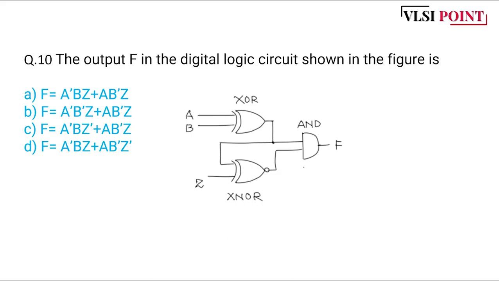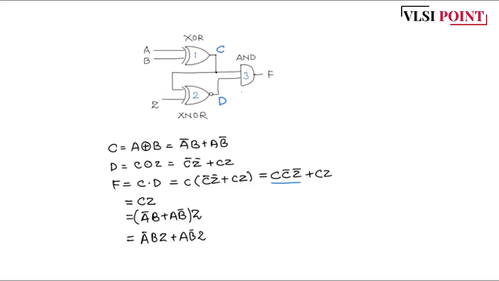Okay, let's solve this. The output of the first XOR we have numbered as C. The output of this XNOR we have numbered as D. So we will solve C and D first. C is nothing but A XOR B, which is A bar B plus A B bar. D is nothing but C XOR Z, that is C bar Z bar plus C Z. F is nothing but the multiplication of these two.